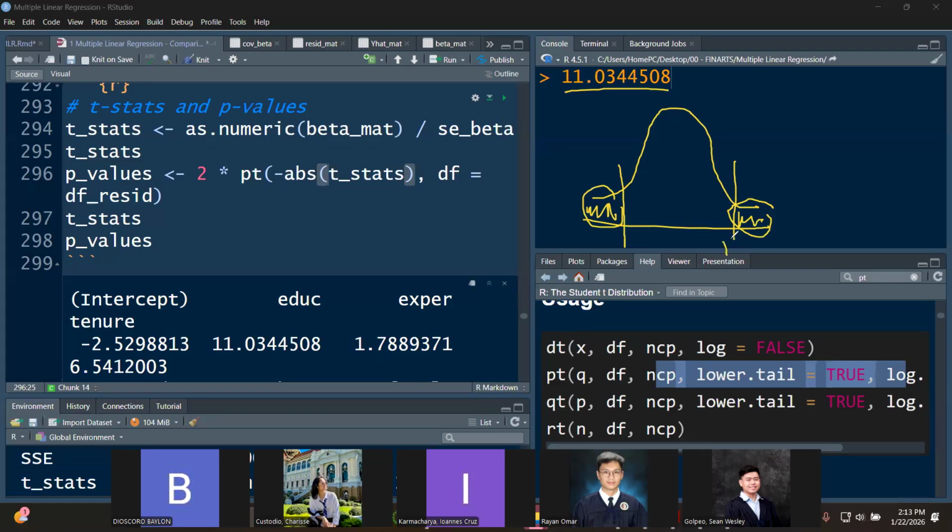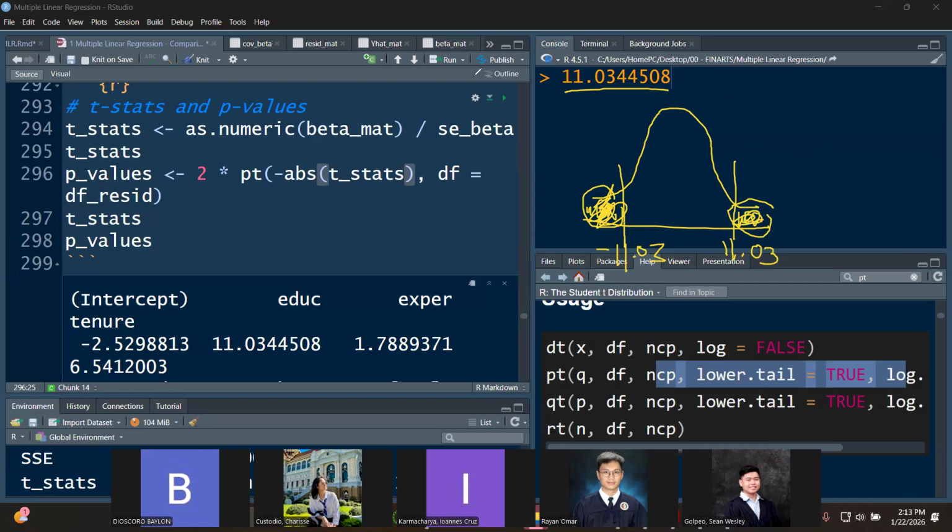The positive is 11.03. Since this is symmetrical, this is negative 11.03, the other side. And the probability here and the probability here are the same.